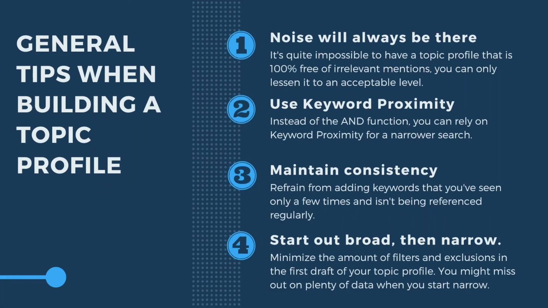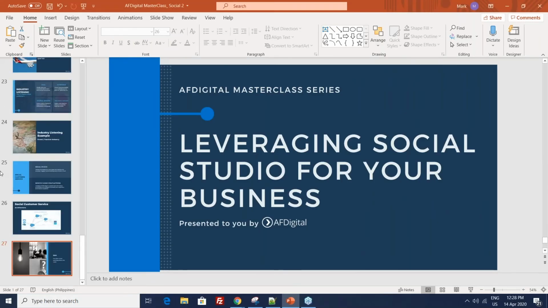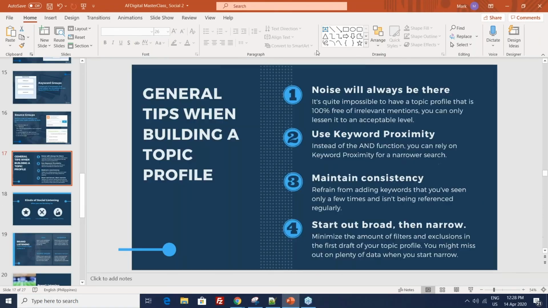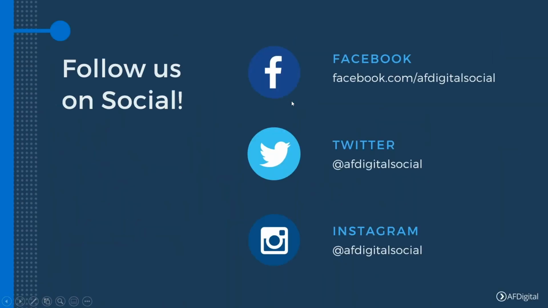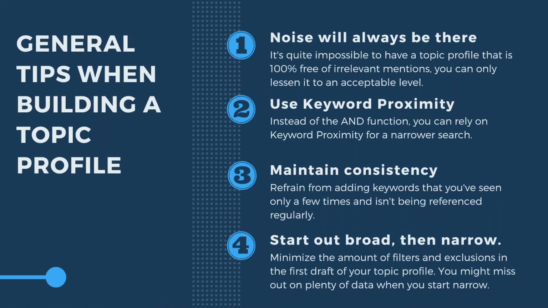But first, let me show you some general tips when building a topic profile. The number one thing that you have to understand when you're building a topic profile for social listening is that noise will always be there. What this means is that you can't be 100% free of irrelevant mentions.